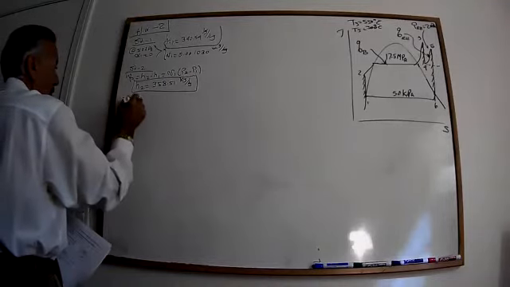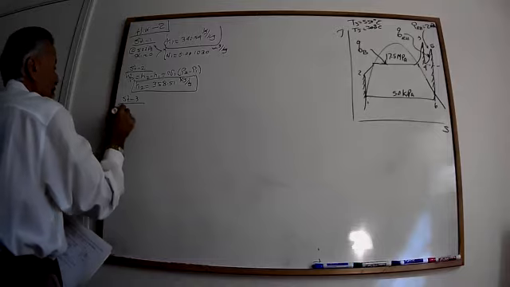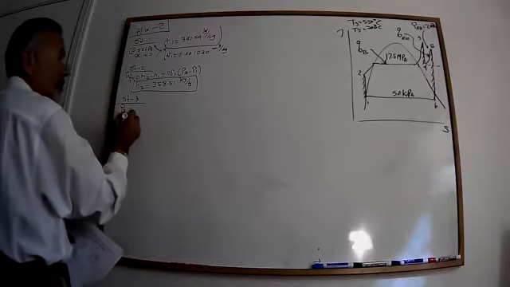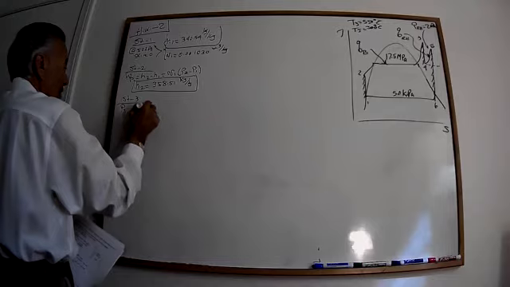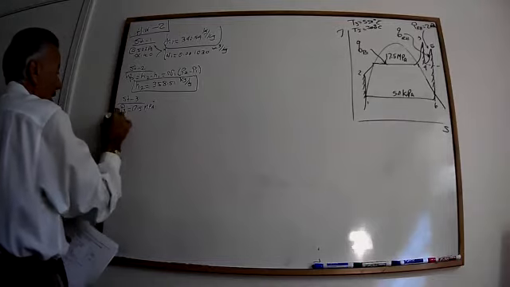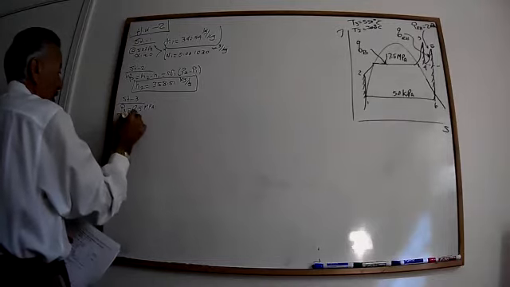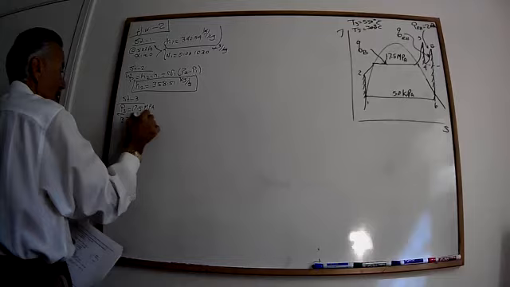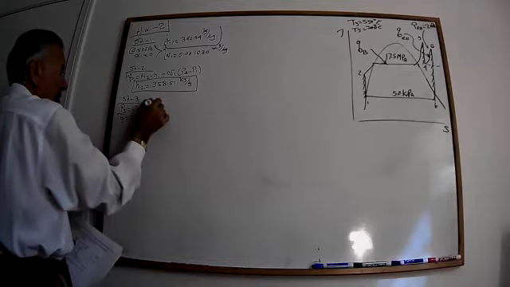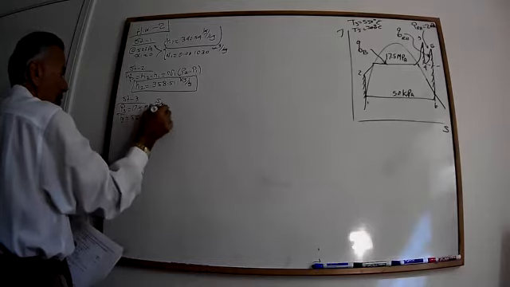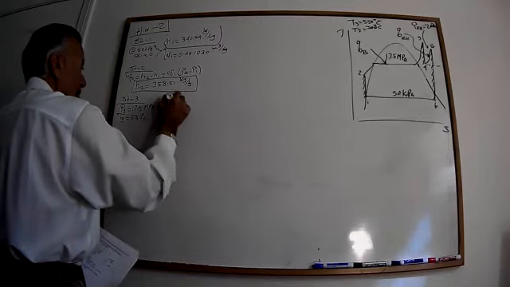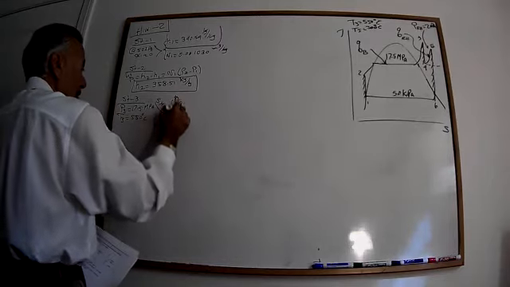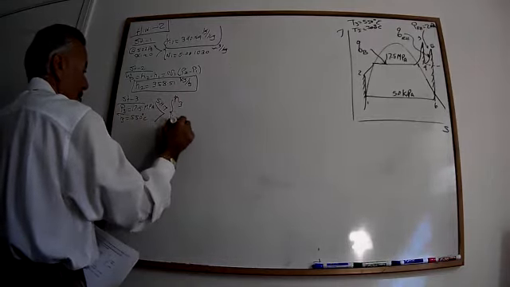At state 3, we have P3 equal to 17.5 megapascal, and T3 is 550 degrees Celsius. We are in a superheated region, so we go to the superheated table. This time, we find H3 and S3.